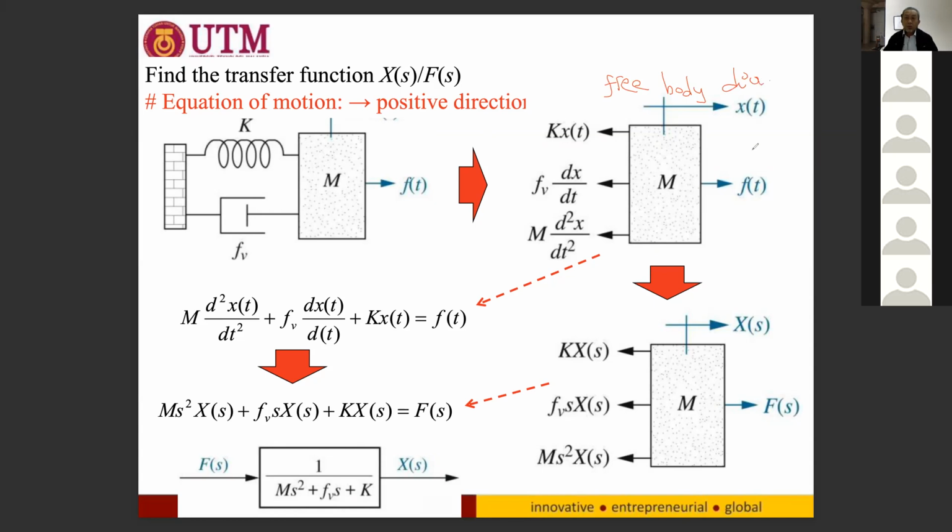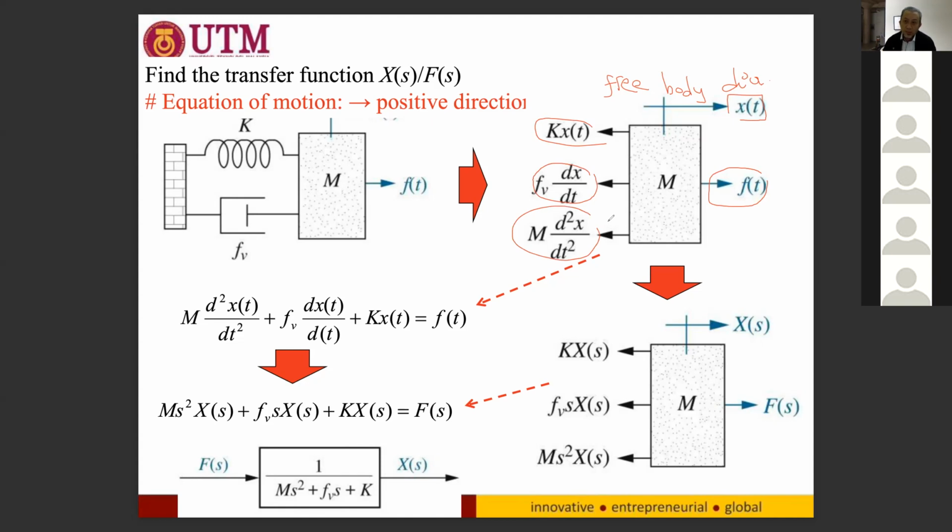From the free body diagram, we indicate all the forces and their directions. For example, this is the force on the system, which is to the right, and the displacement is in the right direction as well. The opposite forces that bring the mass back to its original position are Kx of t for the spring, Fv x dot, and m x double dot.